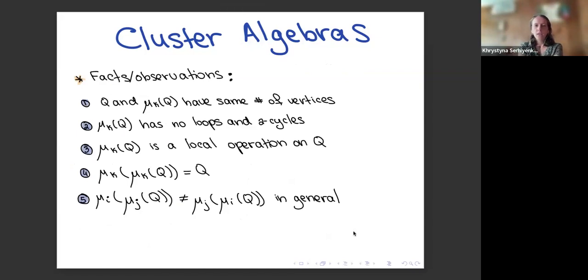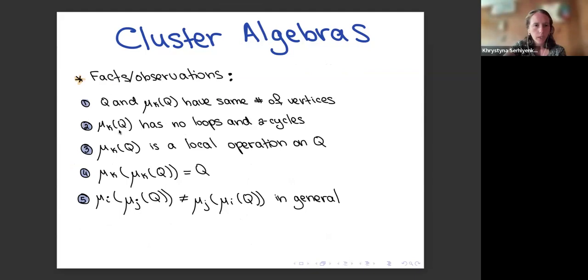Okay, so some facts or observations that are not so hard to see already from the definition. First of all, the quiver Q and the mutation of Q at the vertex k always have the same number of vertices. So the number of vertices remains the same, and that's what we want. The arrows can vary.